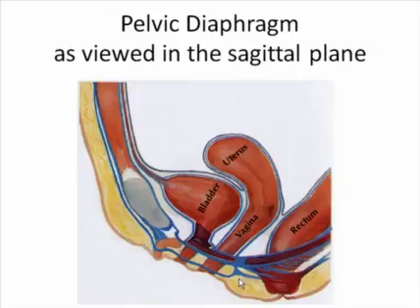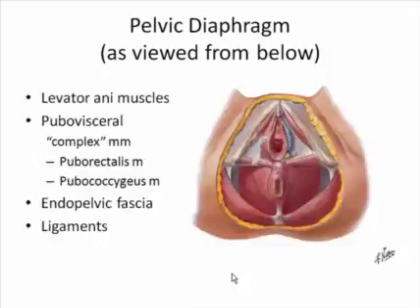Well, this is a diagram of the pelvic diaphragm. The diaphragm basically is at the base of the bladder, the vagina, and the rectum, as shown in this modified diagram, in the sagittal plane with the patient in the upright position.